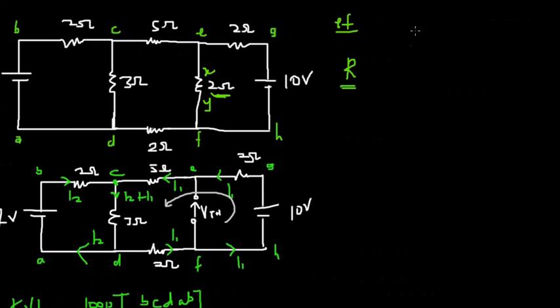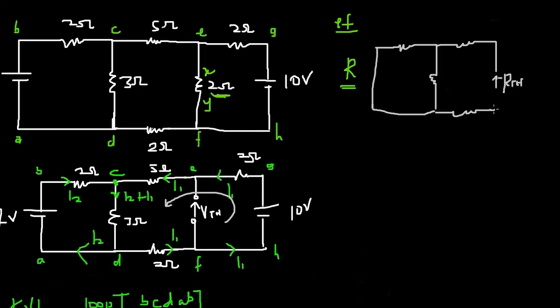So you have a certain circuit like this with no voltage sources. Then we have our 5 ohm, this is where our RTH will be, and then we have a certain 2 ohm over here, and 2 ohm over here, with no voltage source.